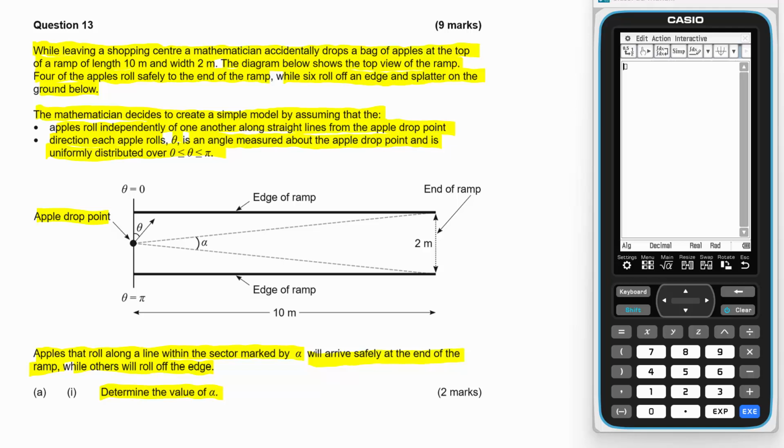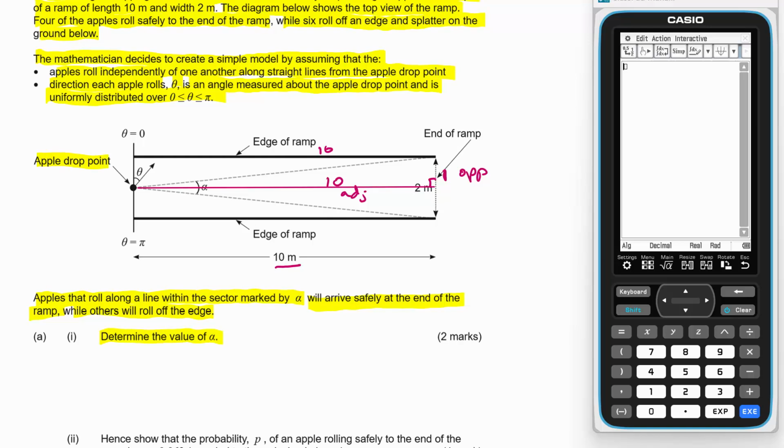So there's a couple of ways we could do this. One way is to simply go straight down the middle here and make that right angled. Then this would be 1, and we can see from here that the length is 10. So in that right angled triangle, the opposite is 1 and the adjacent is 10, so we can use the tangent.